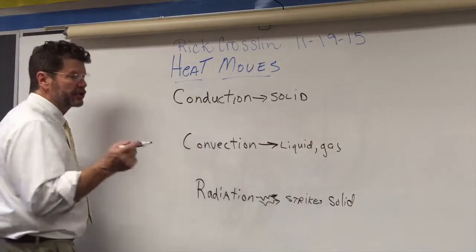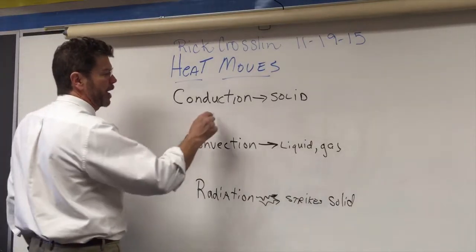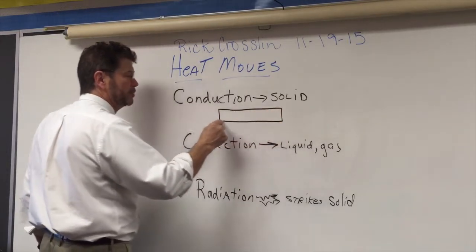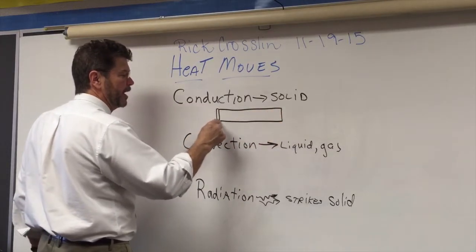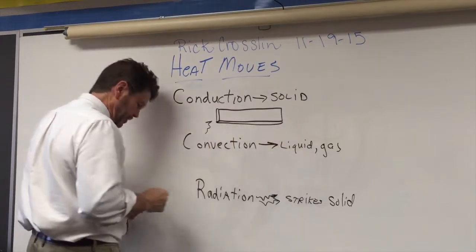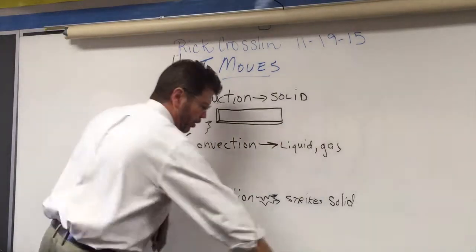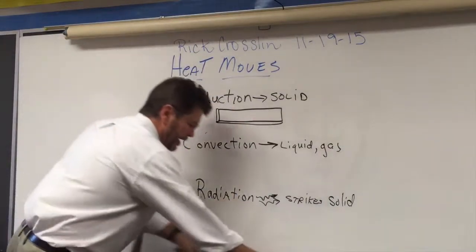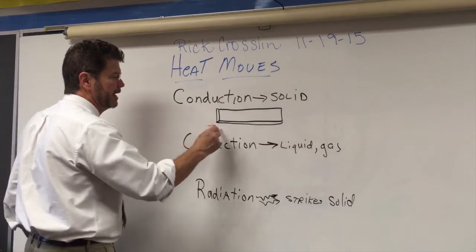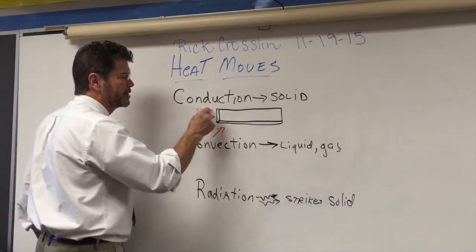Here's my drawing on this. Check it out. And I want you to make the same drawing. Let's say we have a piece of metal, a solid piece of metal, right? And we heat it up on this end. You know, I should probably use a red marker to show you heat. Why not? So we're going to heat it up on this end right here. Ready? Add heat to it.